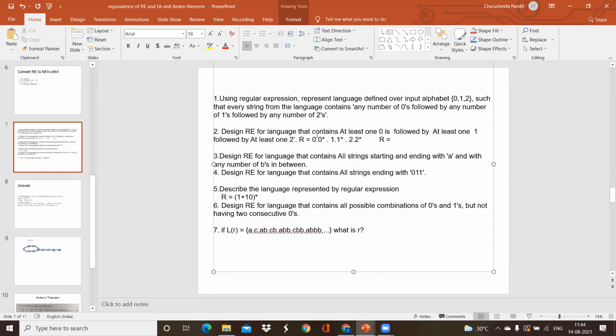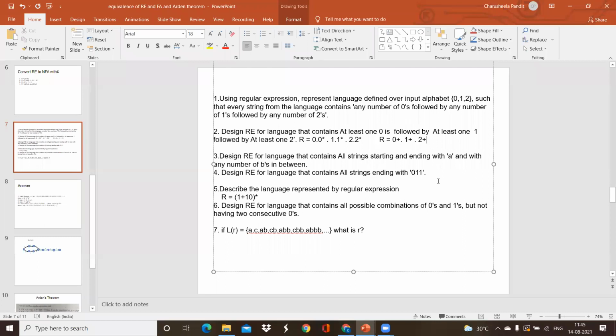This star represents do-while, and plus represents while. So I can write it as 0 plus dot, with the plus as a superscript, then 1 plus, then dot 2 plus. Is that clear to all?